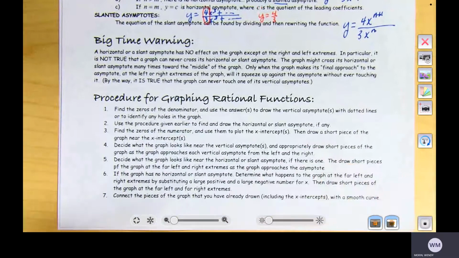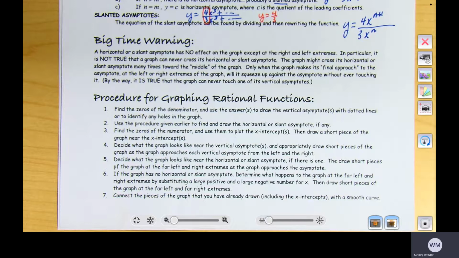A horizontal or slant asymptote has no effect on the graph except at the right and left extremes, which is what I was talking about, the end behavior. In particular, it is not true that a graph can never cross its horizontal or slant asymptote, which I already said. The graph might cross its horizontal or slant asymptotes many times towards the, quote, middle of the graph.